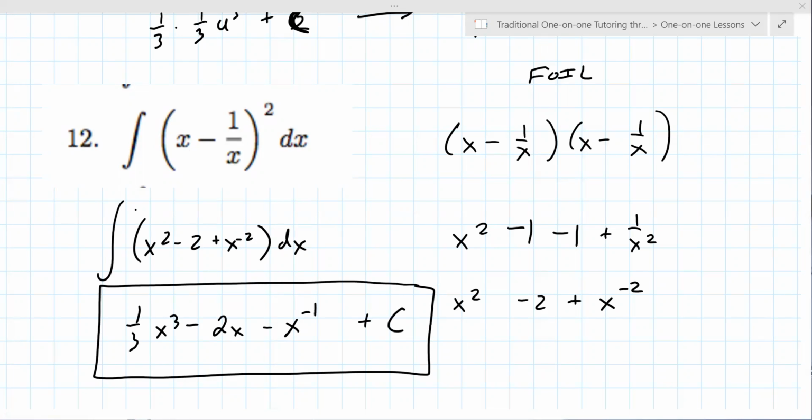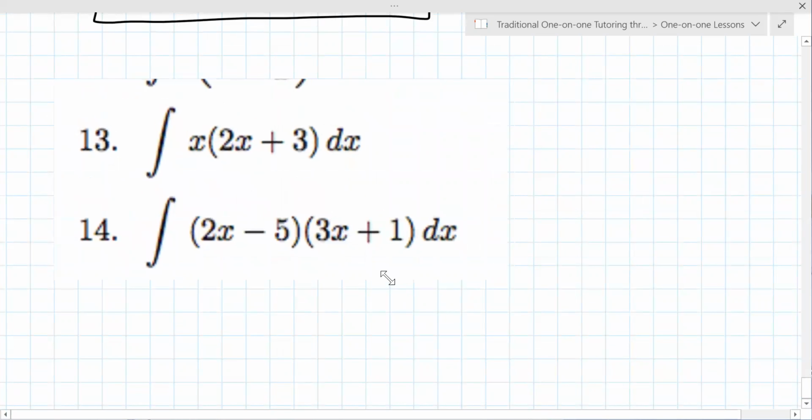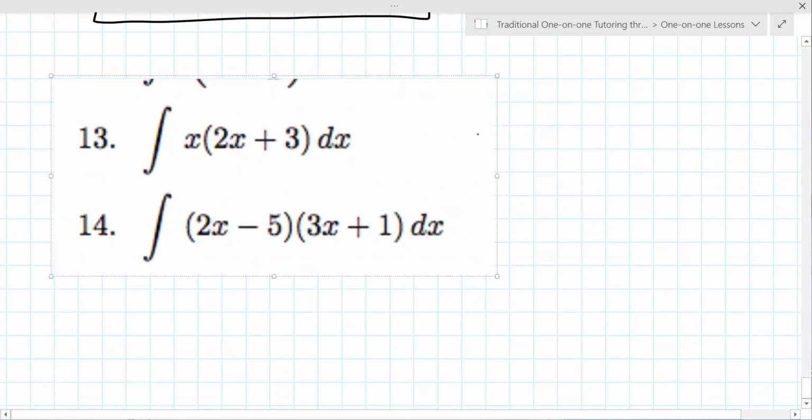Okay. 13. Maybe we'll just talk about 13, and same with 14, I guess. They're kind of the same category. In both of these problems, you have products.